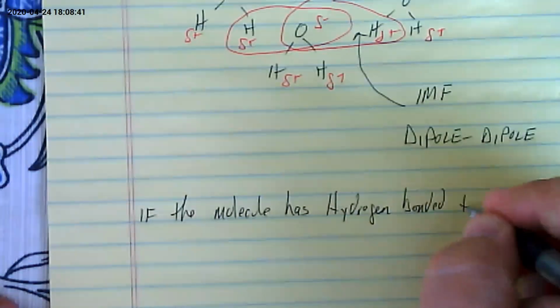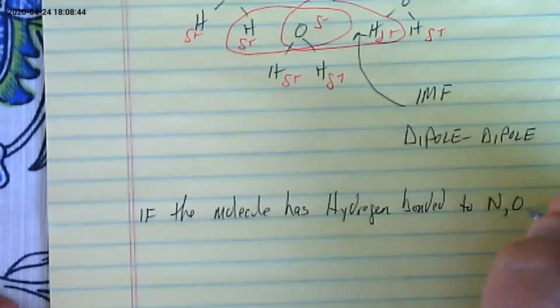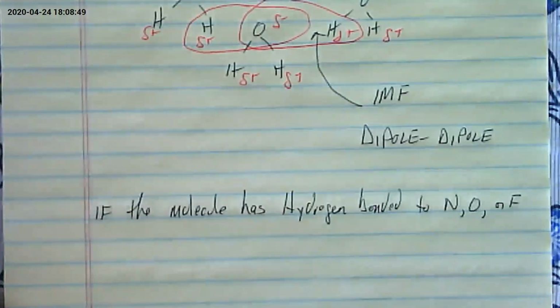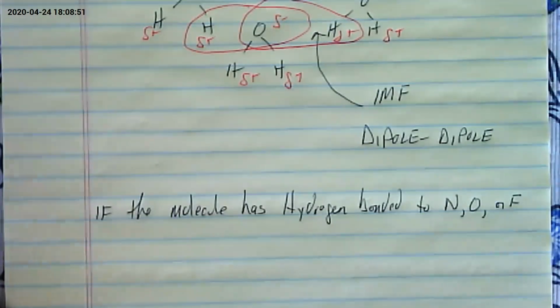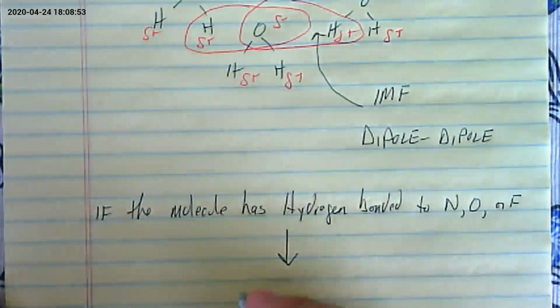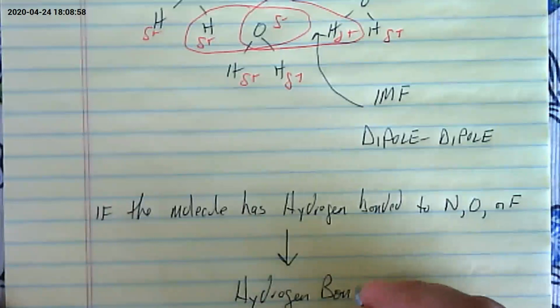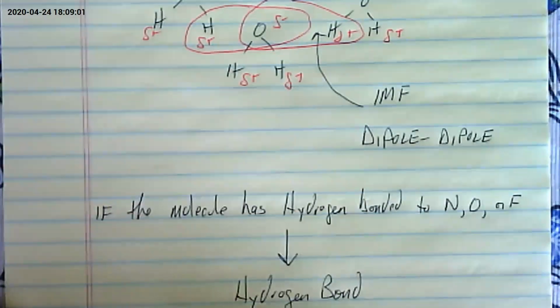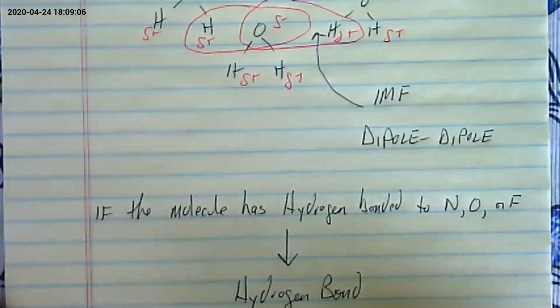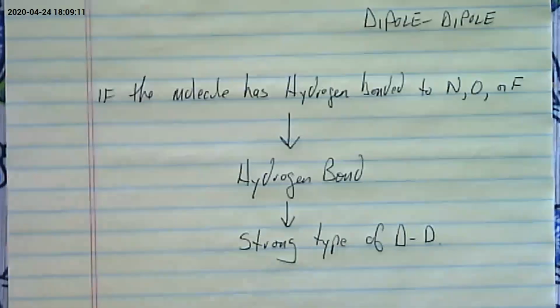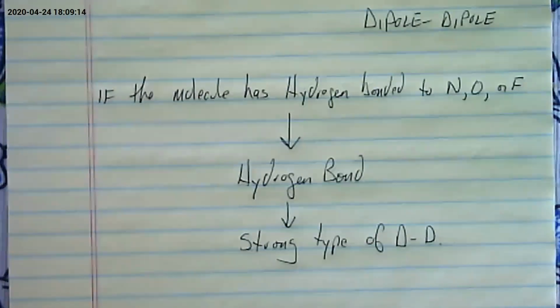If the molecule has hydrogen bonded to nitrogen, oxygen, or fluorine, okay? If the molecule has hydrogen bonded to any of those three elements, we're going to take it one step further, and we're going to call it a hydrogen bond, which is a very strong type of dipole-dipole.